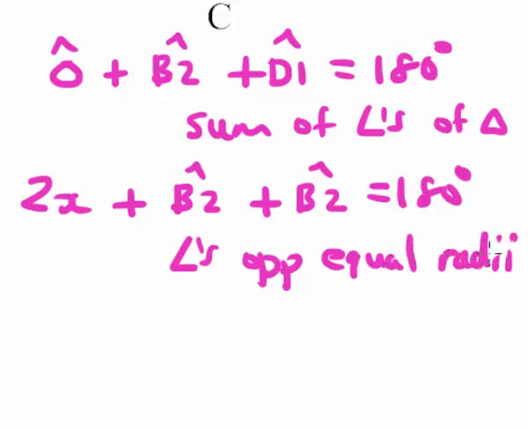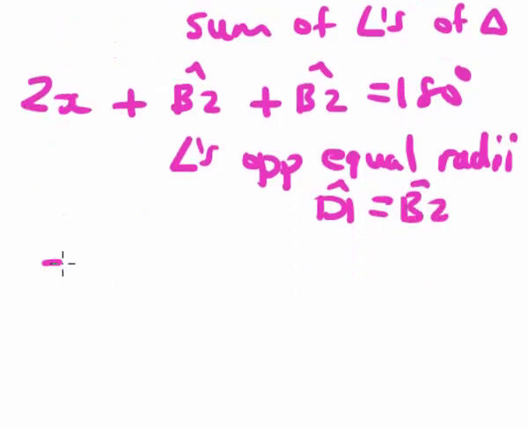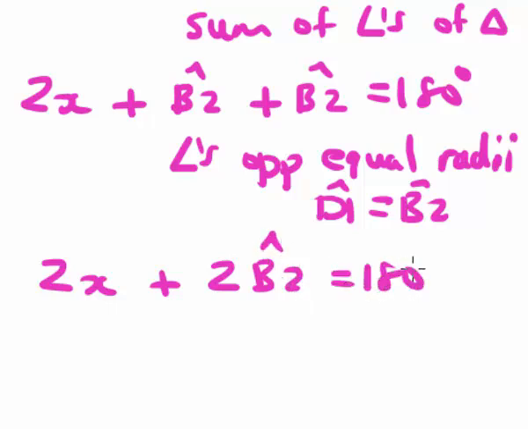Can you see that there? So now we've got 2x plus B2 plus B2, which is 2B2, equal to 180 degrees.